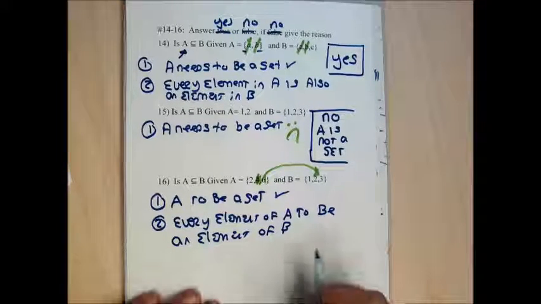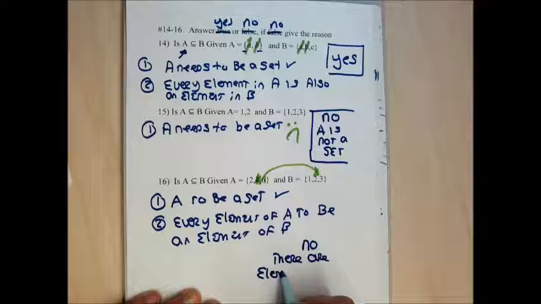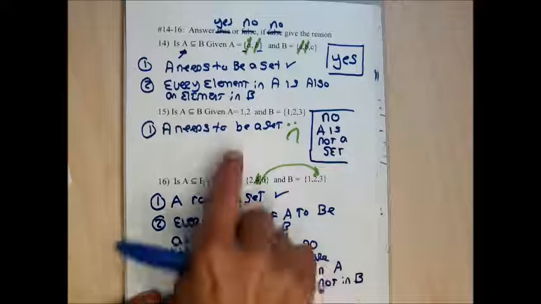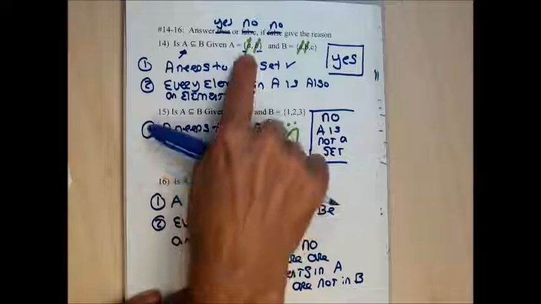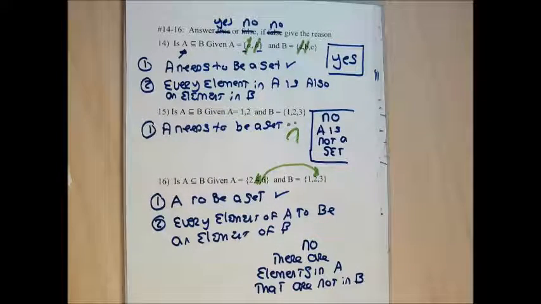My answer to this question is going to be no, because there are elements in A that are not in B. And to be a subset, A has to be a set, and every element in A has to be in B, which it isn't here.